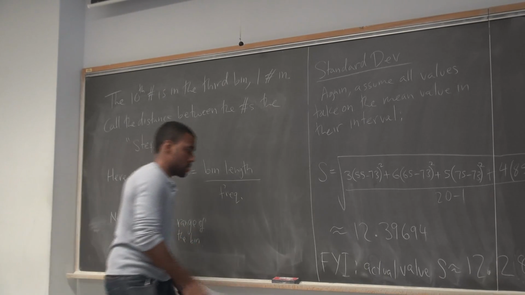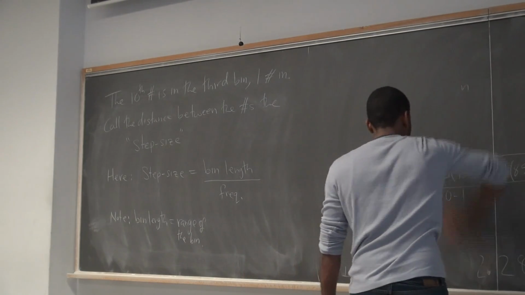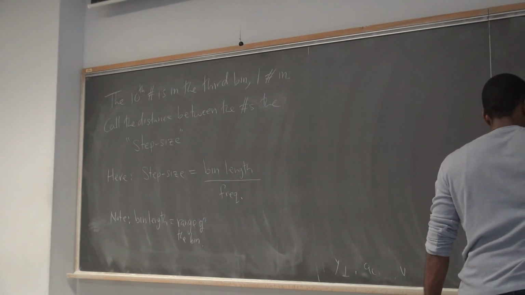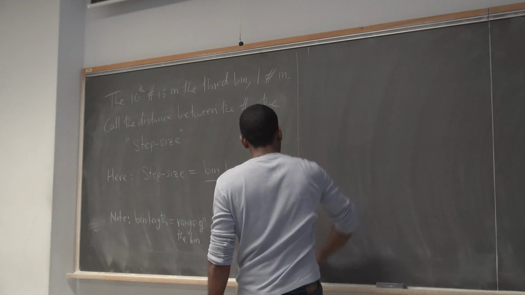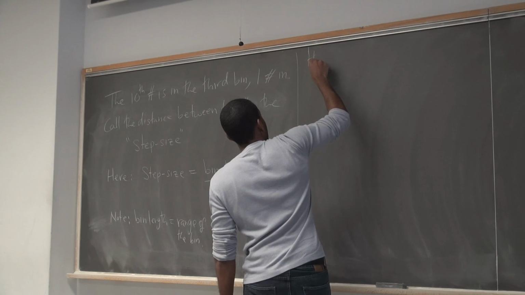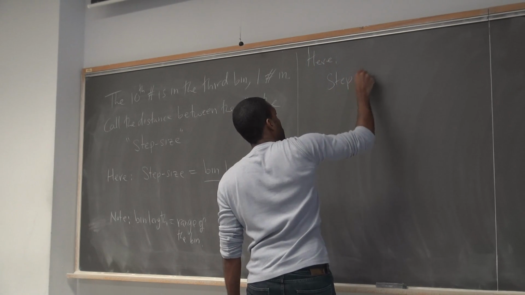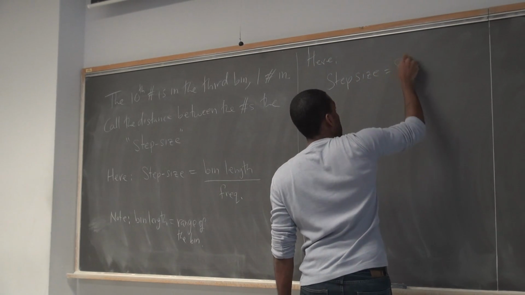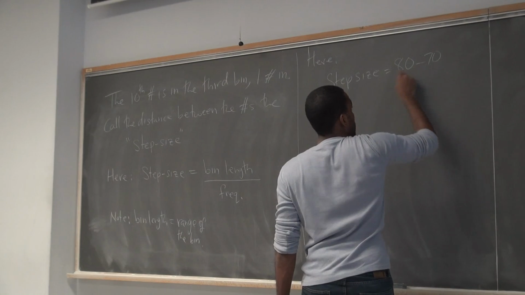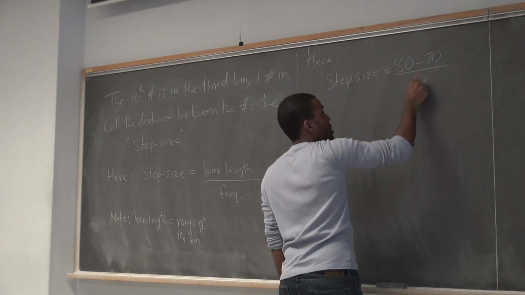In this case, the step size is equal to the bin length, which is just 80 minus 70, all over the 5 numbers in this bin.